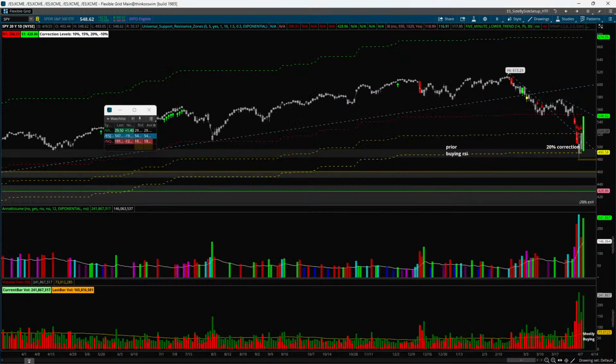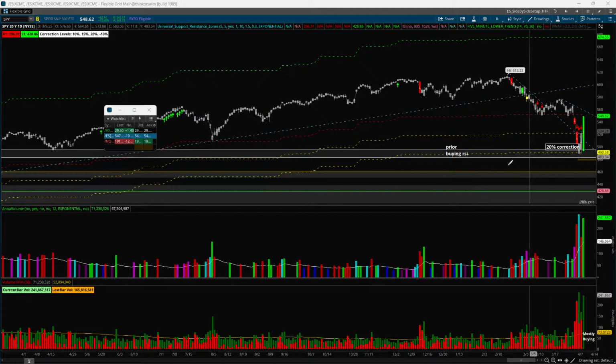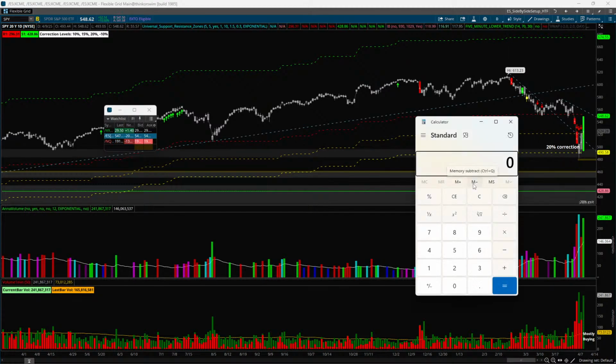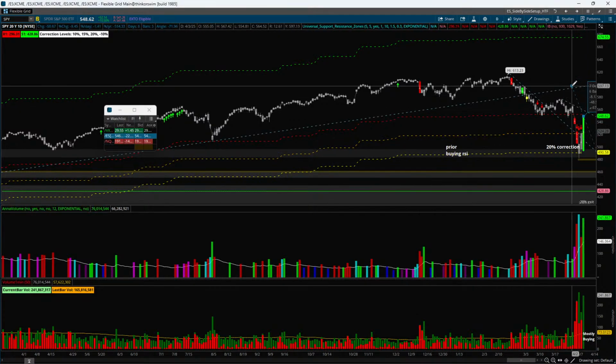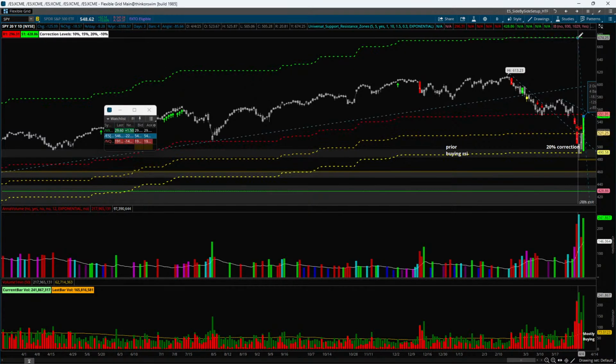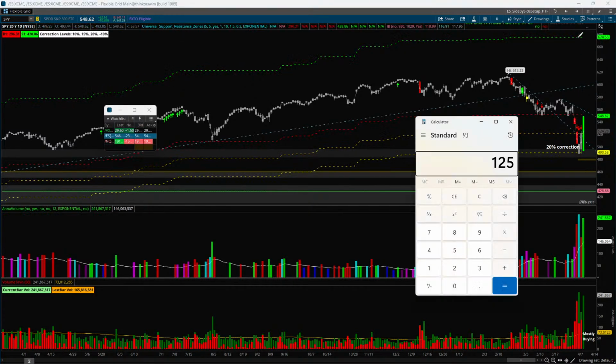Did I close out my calculator? Is it 100 and what I say it was? From that level, 125. Yeah. And that's only 227%, where the other ones are like astronomical, right?